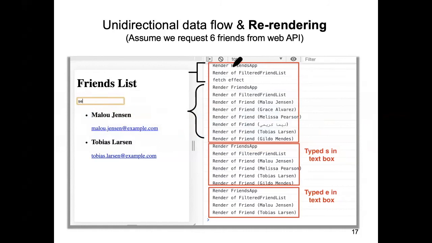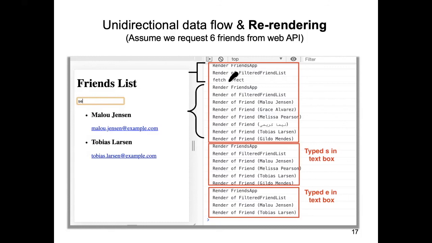However, I have an empty array of friends. The matching list of friends is computed by the top component, which is also an empty list. It passes that empty list down to my filtered friends list component. So that's why this console.log happens. This is coming from the child of the top component, and that's all that happens.